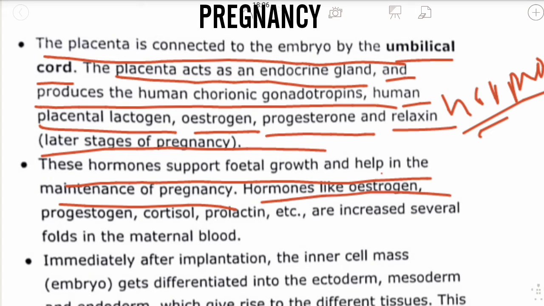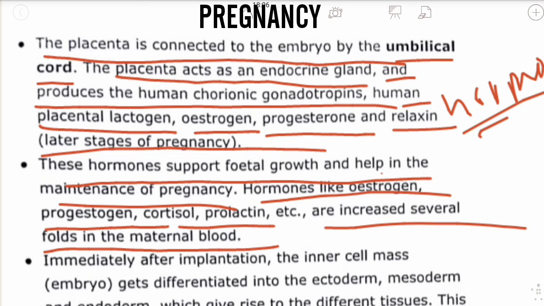Hormones like estrogen, progesterone, cortisol and prolactin are increased several folds in the maternal blood during pregnancy. All these hormones are responsible for the maintenance, metabolism and growth of the fetus.